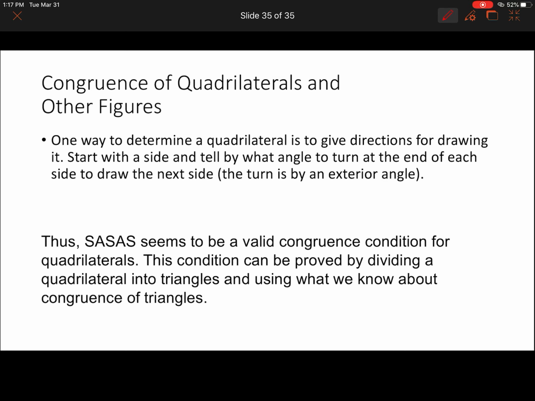So when you're asked to prove something about a quadrilateral, it is always a great idea to start by dividing that quadrilateral into triangles, whether that's extending the median out like we did, or extending a side out, or cutting it in half, or whatever it may be.